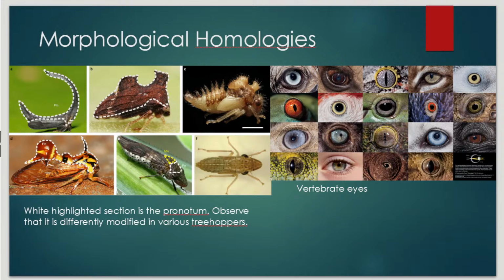So in that picture on the left, those are different treehoppers, and the structure highlighted by the little white dash is called the pronotum. It's right behind the head. In some you have this really elaborate pronotum, in some it's pretty small. But it's the same structure, just modified in different ways over time. And then on the right, you have vertebrate eyes.